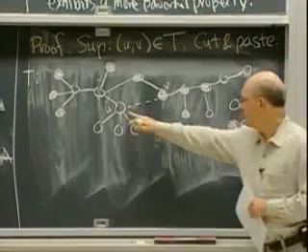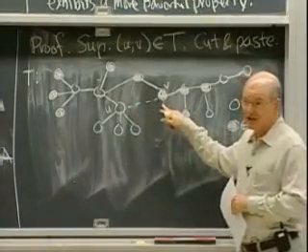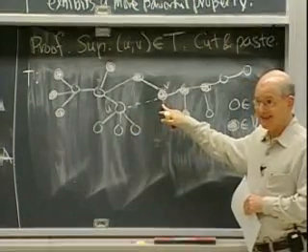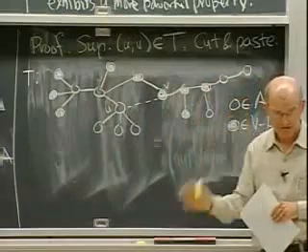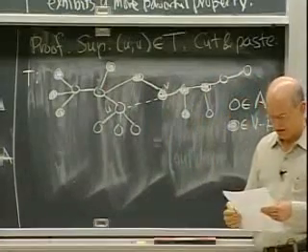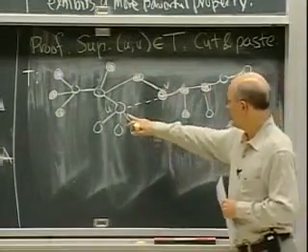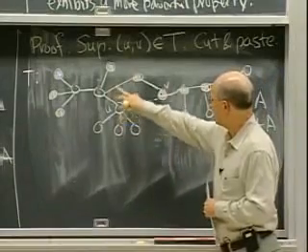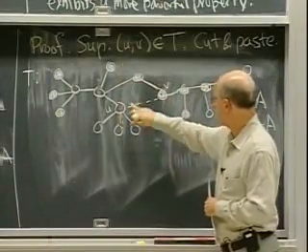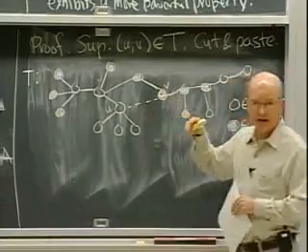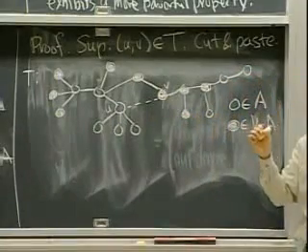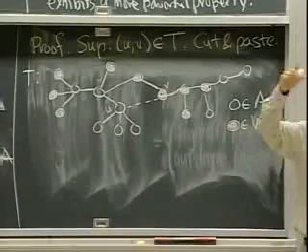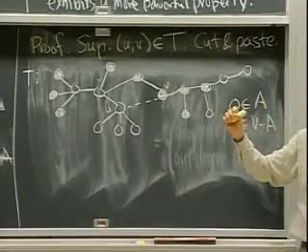So I want to prove that this edge should have been in the minimum spanning tree, that the contention that this is a minimum spanning tree and doesn't include UV is wrong. So I have a tree here, T, and I have two vertices U and V, and in a tree, between any two vertices, there's a unique simple path. Simple path meaning it doesn't go back and forth and repeat edges or vertices.